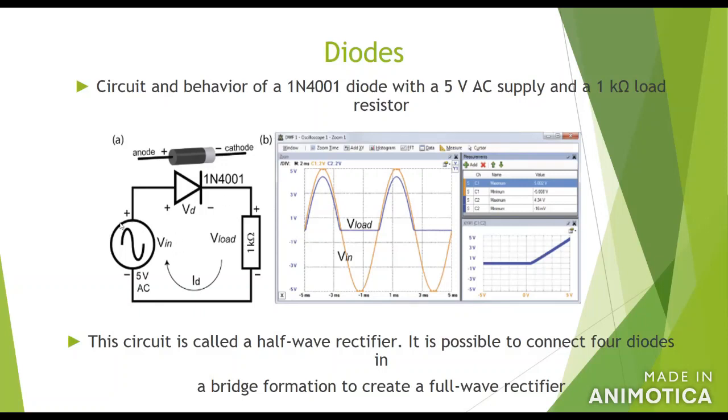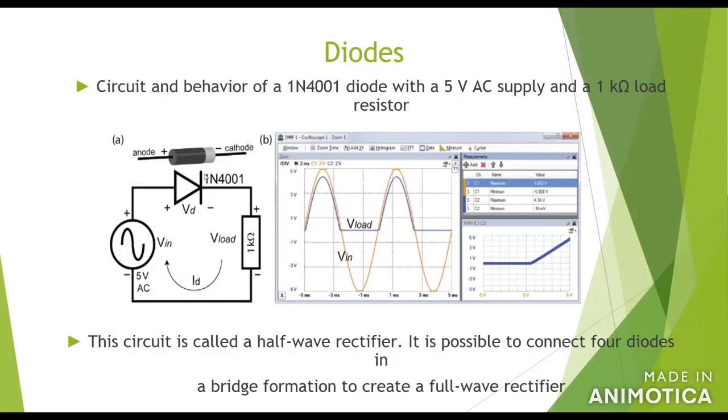If the input voltage is an AC voltage, the output will be like this. This is the V load, the voltage over this load. Load is a kind of resistance. Because of the behavior of the diode, which only allows current to flow from this side to that side, for an AC signal, in this part the current would flow back.